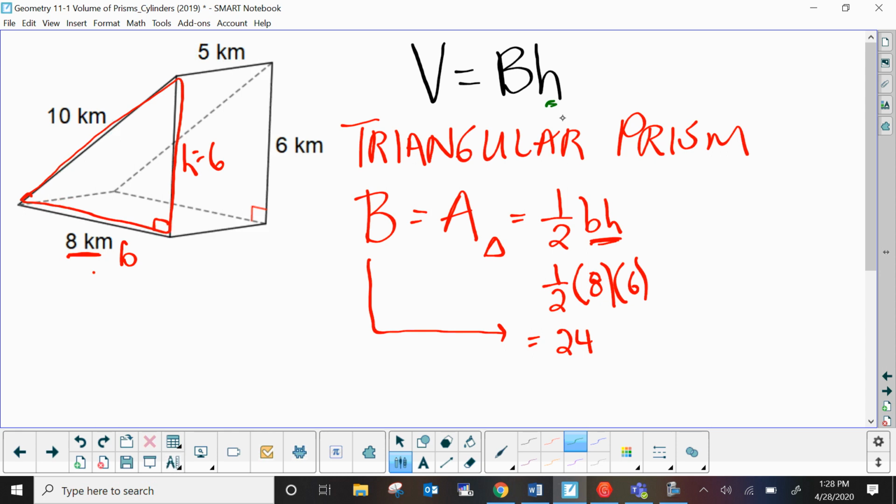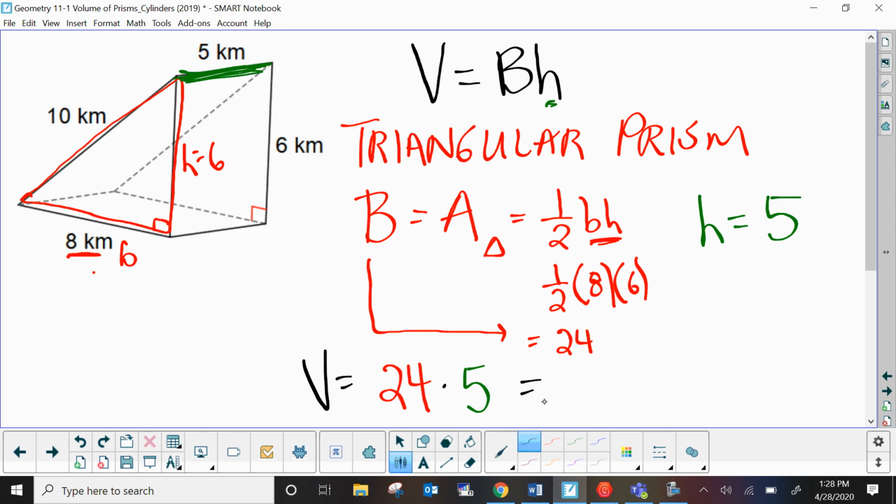So the distance between these triangles is 5. So my H is 5. So the volume is equal to the capital B, which we found to be 24, times the height of the prism, which is 5.